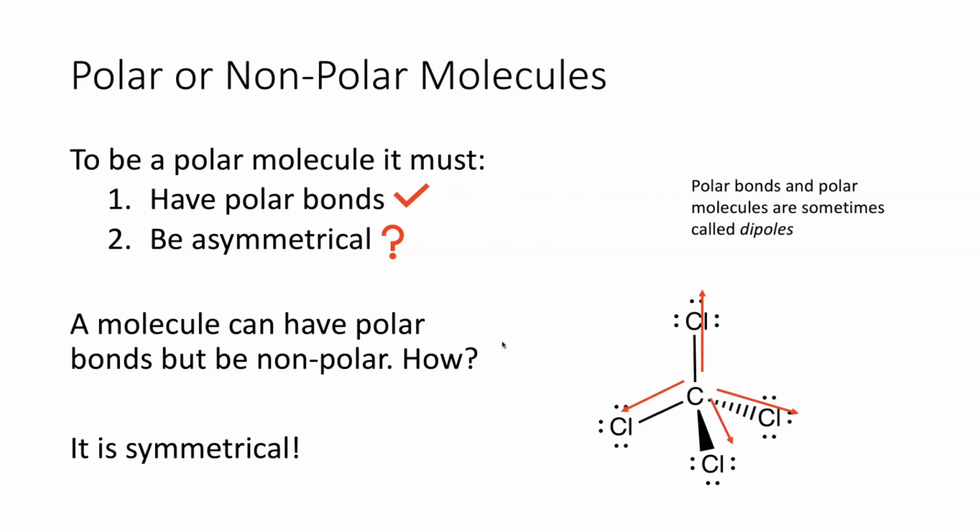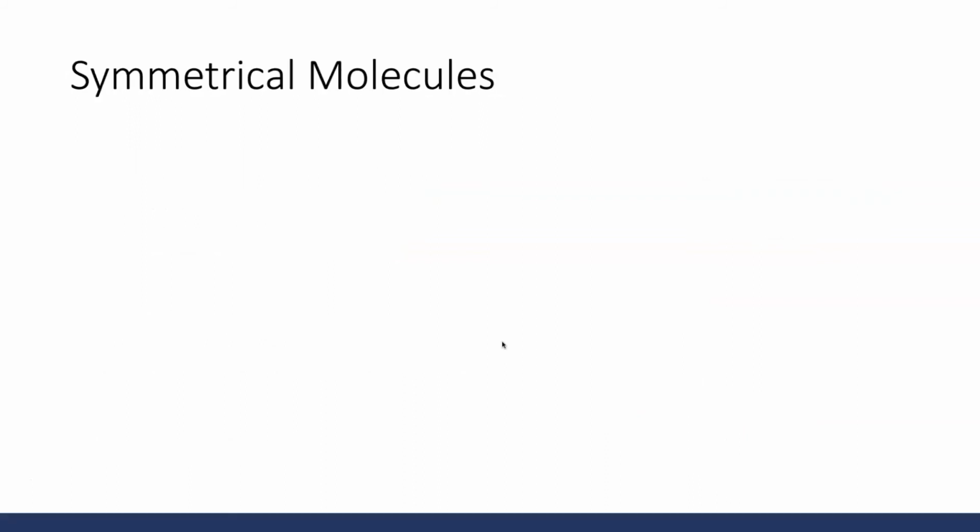And just a reminder that polar bonds and molecules are sometimes called dipoles. Okay, so what are some examples of symmetrical molecules? Well, here's BH3, that's a trigonal planar molecule. That would be something that's symmetrical. We have CO2, a linear molecule.